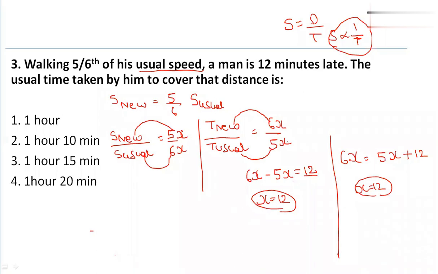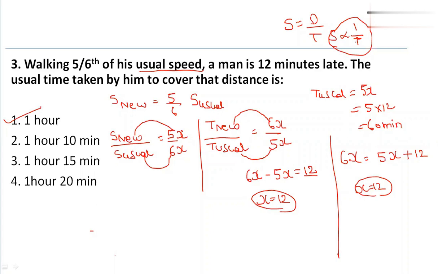As they're asking for the usual time to cover the distance, that is nothing but 5x. So 5 into 12, which is equal to 60 minutes. So that is nothing but 1 hour. Option A is the answer.